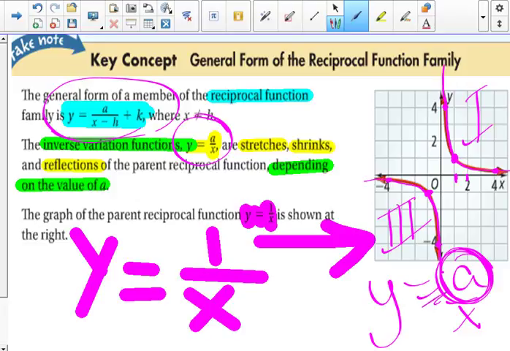And if we make it negative, it's going to flip it over the x-axis. So this comes down here, that goes up there. If you've got the negative, it just shows up in the second and the fourth quadrant. And the h and k are going to shift those vertically and horizontally.